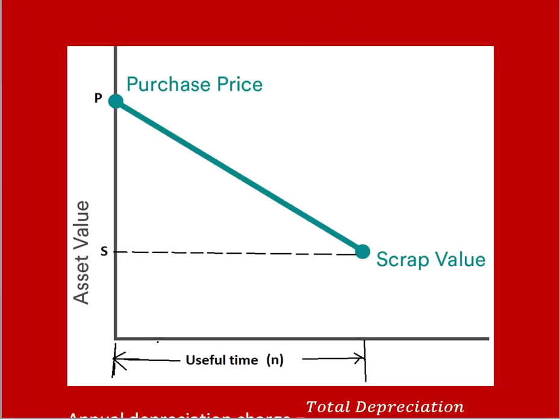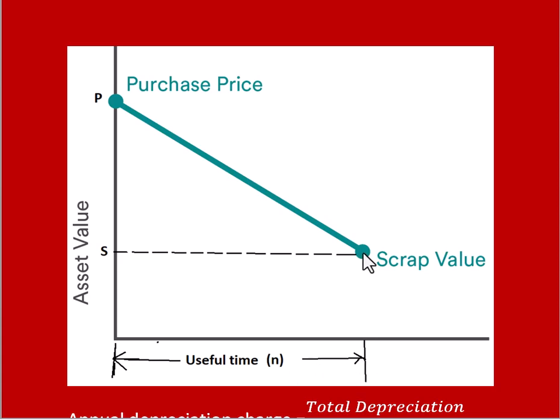In this method, if the graph is drawn between asset value and the useful lifetime of the equipment, the graph will become like this. It is a straight line, and here P is the initial value of the equipment, and this is the useful lifetime of the equipment up to here.